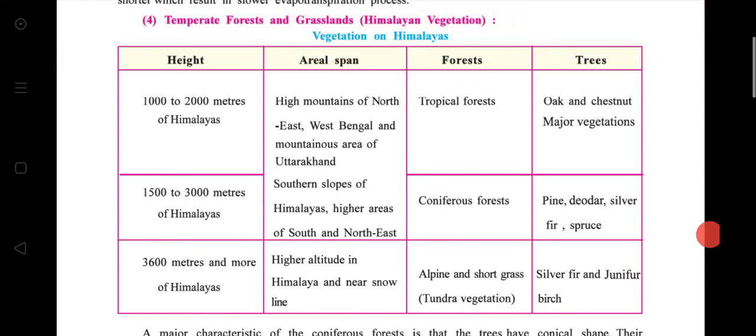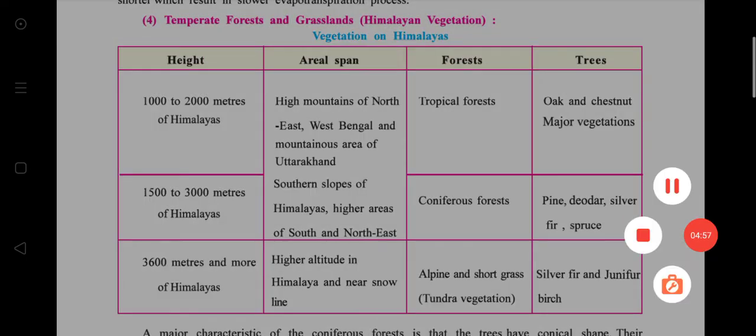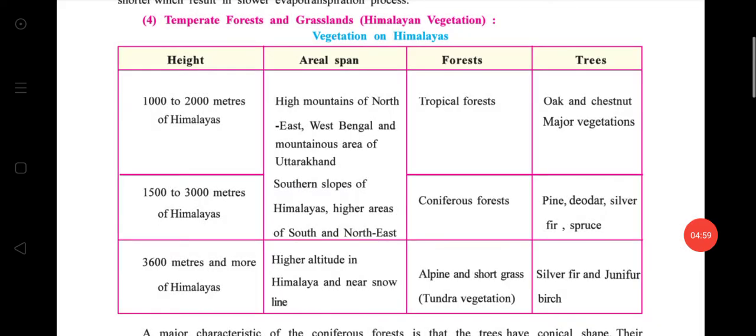Then temperate forest and grassland. 1,000 to 2,000 meters in the Himalaya and 1,500 to 3,000 meters in high mountains of northwest Bengal, northeast West Bengal, and the southern slope of the Himalaya, higher areas of south and northeast.